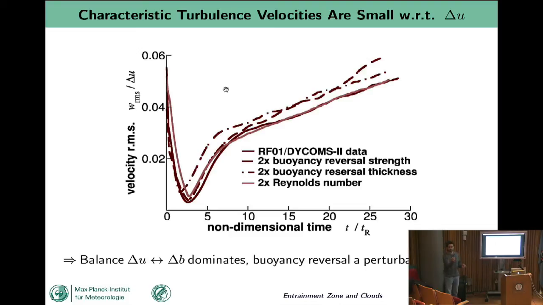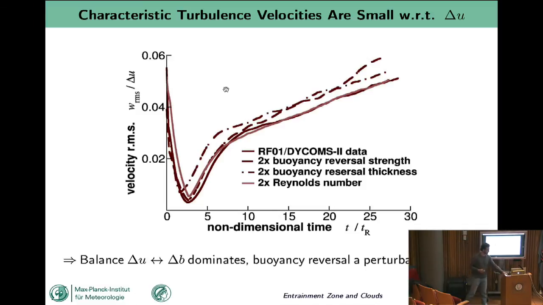We can measure the intensity of velocity fluctuations inside of a cloud, where you have the maximum velocity fluctuations, and compare with delta U, the wind that is imposed at the top. And then you see that for different cases, as a function of time, it increases, but mildly, just a few percent, 4 or 5%. So indeed, the dominant balance happens between delta U, the wind shear, and delta V, the stratification or the inversion. And that is completely cloud-free physics.